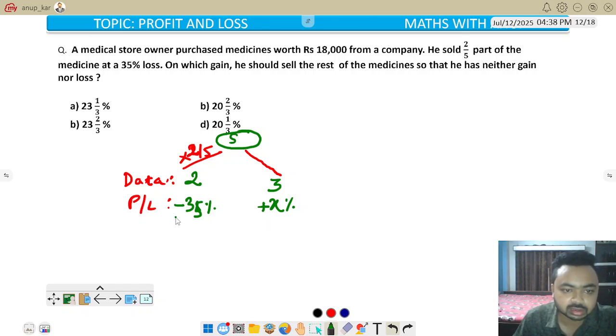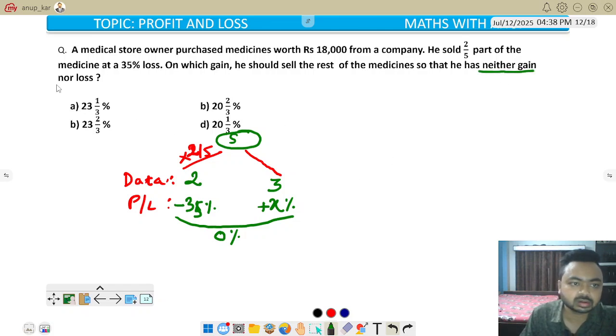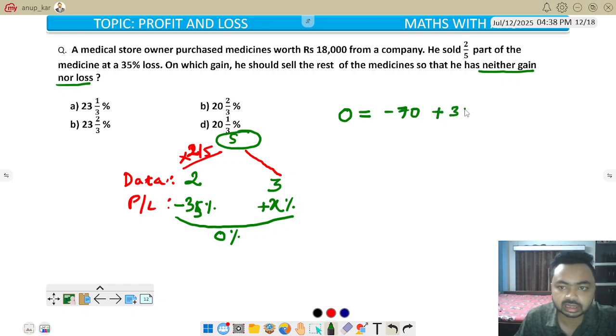And he sold it at neither gain nor loss, meaning 0%. I hope it is clear. So what we need to do is that overall profit and loss percentage is neither gain nor loss, it is 0%. So this 0 is equivalent to 2 into minus 35 is minus 70, plus 3x, divided by 5.